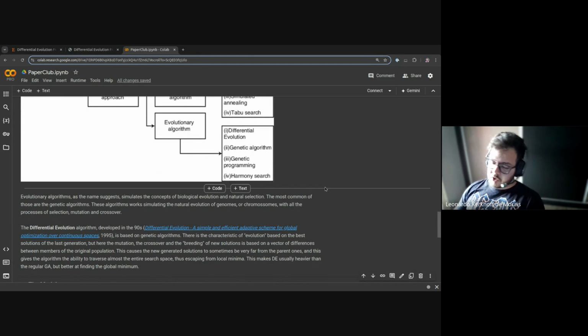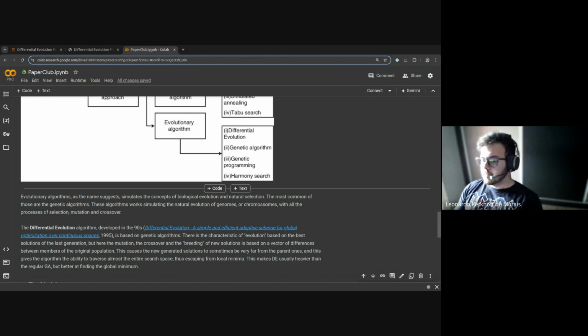And the differential evolution algorithm is basically based on the genetic algorithm. There is still that same characteristic of evolution based on the best traits of the older generation. So it picks the best traits of the parent solutions to generate new solutions.